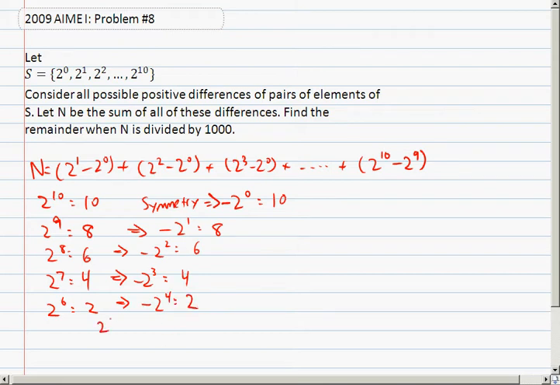And that leaves us with 2 to the 5th appearing 0 times, because the number of times that it's being added is equal to the number of times that it's being subtracted.